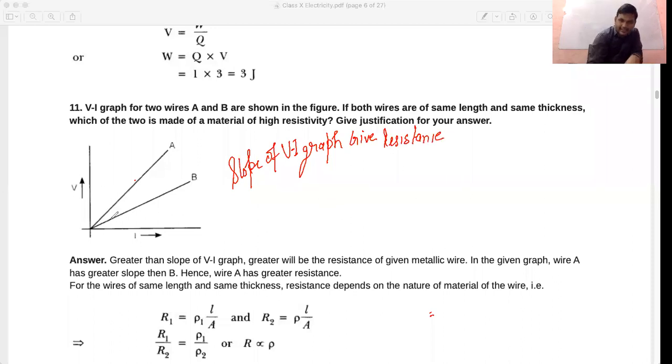Let's say this is theta B and this is theta A. You can see the slope of graph A is greater than B. So you can say RA is greater than RB. Why? Because they are saying they have the same length and same thickness.